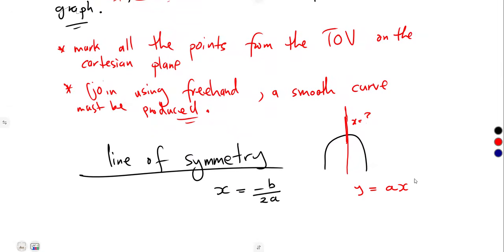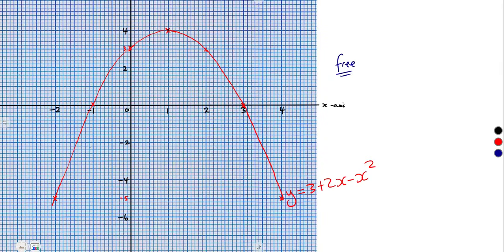y is equal to ax squared plus bx plus c. If we take minus b over 2a, we are going to have the equation of the line of symmetry. So just for an example, from this graph that we are given here, y is equal to this part.